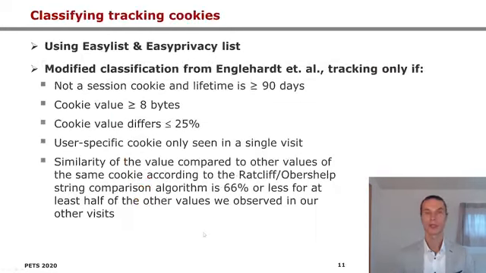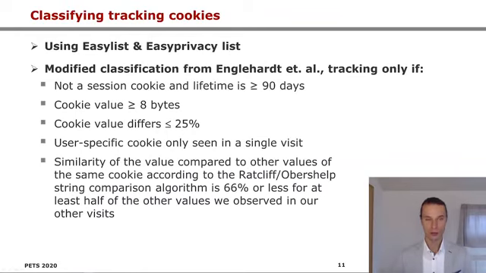To classify tracking cookies, we used the EasyList and EasyPrivacyList, as well as a modified classification suggested by Engelhardt et al., where a cookie is a tracker if it's not a session cookie and the lifetime is longer than 90 days, the cookie value is larger than 8 bytes, and the different cookie values we observed during the crawl differ by at most 25%, and we have only seen the cookie in a single visit.